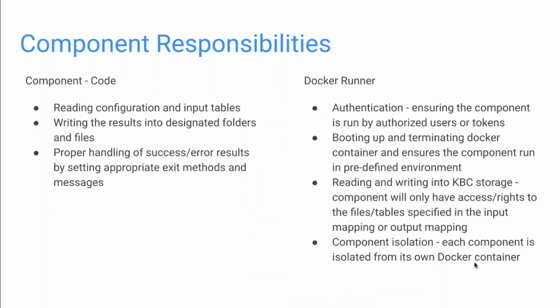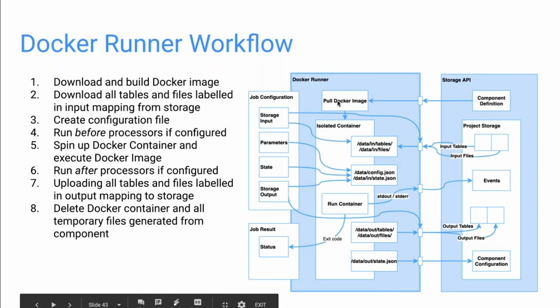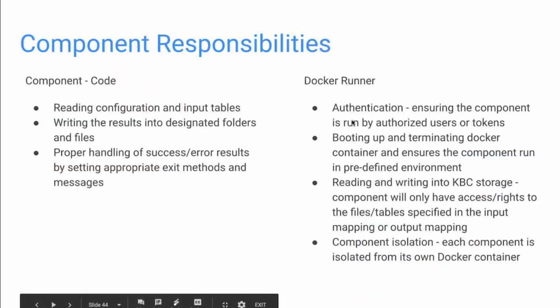Component responsibilities. So if we look back into this graph, we have 2 things over here. There is a Docker runner and the code itself in this container. Okay, so the image and the container. So the component, which means the code, is only supposed to read the configuration and input tables.